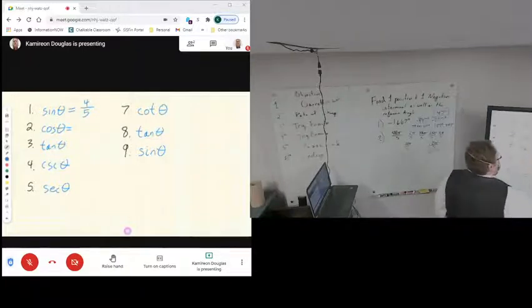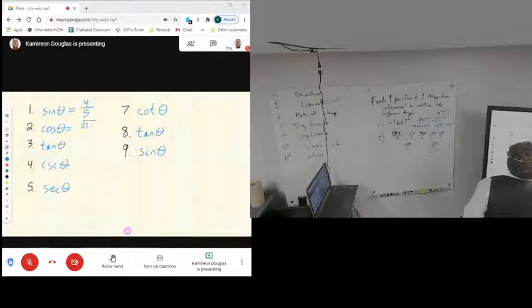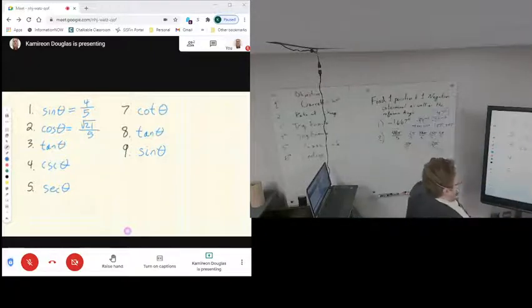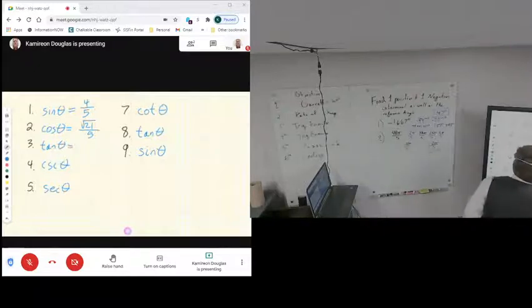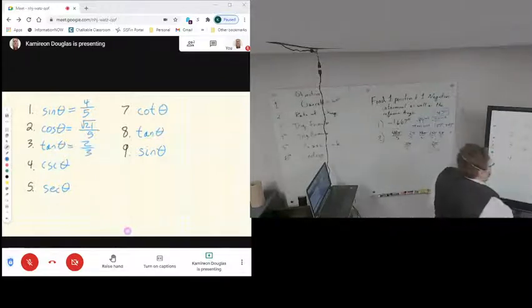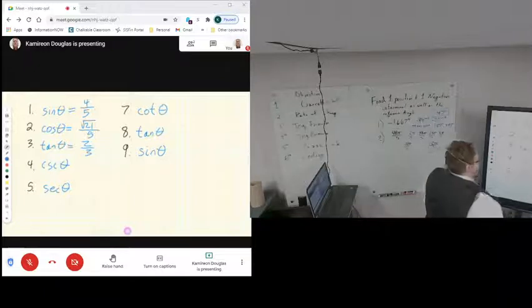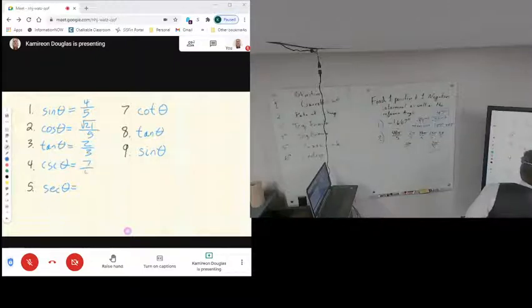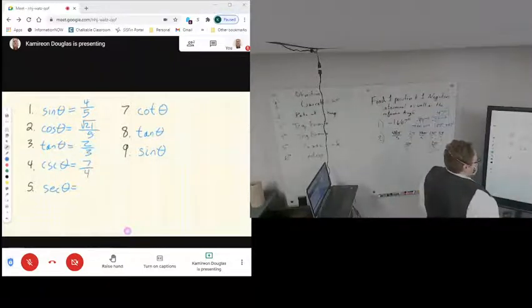Cosine, a little tougher this time. Square root of 21 over 5. Tangent, 2 over 3. It's not bad. It's pretty reasonable.